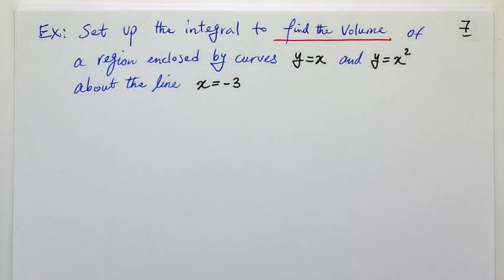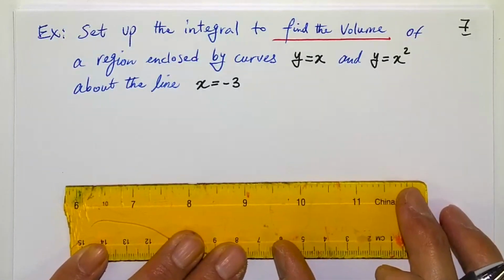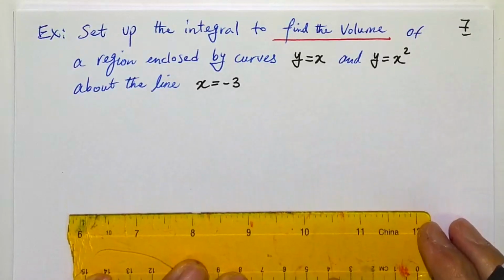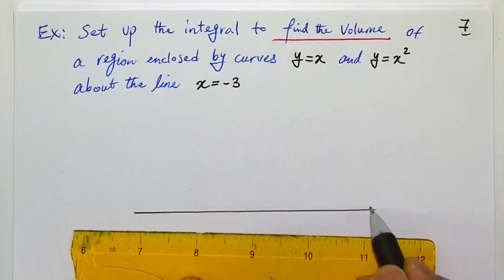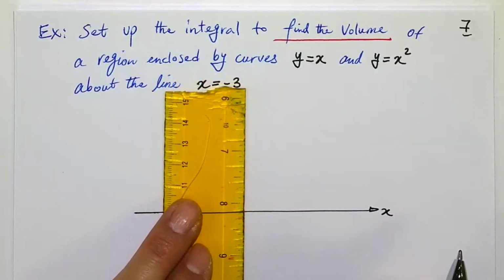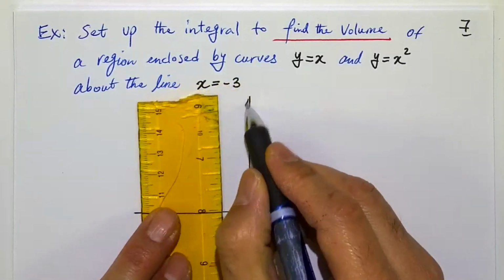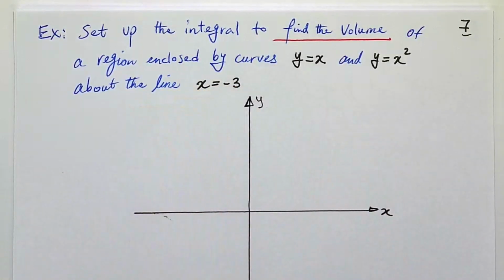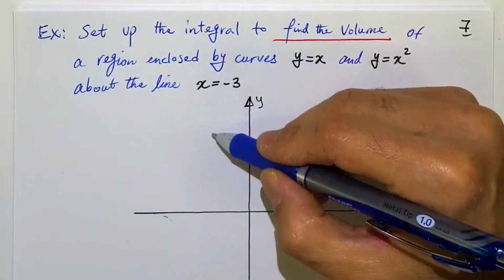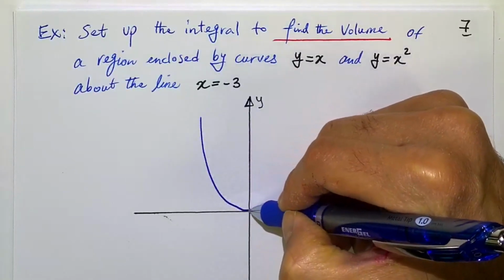Okay, so once again, let's draw the picture for this situation. So we have the x-axis and then the y-axis. I want to do a quadratic graph again, like that.